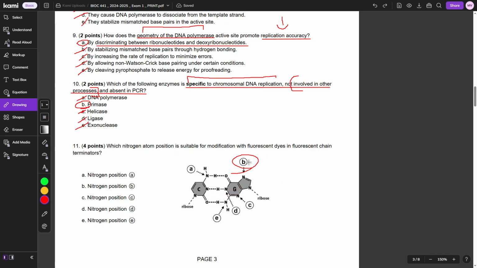If anything, B is where the major and minor groove are, so maybe it'll affect enzyme binding, but it'll also make it very easy to see the fluorescence, because it's going to be on the outside of the DNA instead of stuck in the inside somewhere, if that makes sense. So I'd say that B is the best answer here.